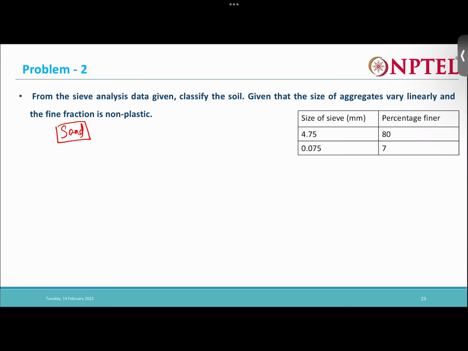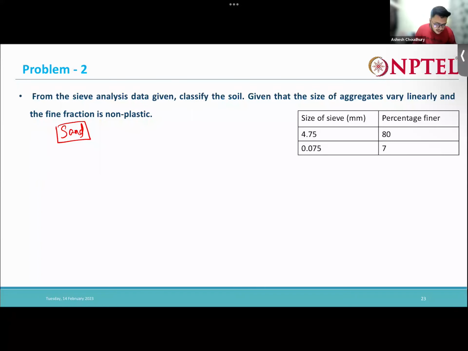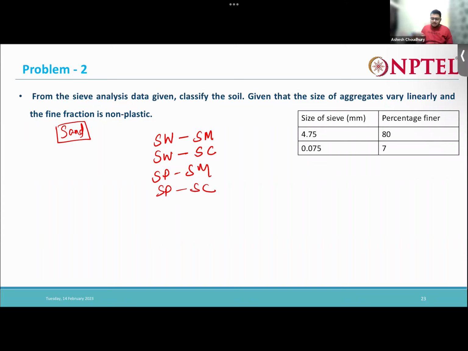If you recall, if the fine fraction is between 5% and 12%, we need to go for dual classification. So it will be either SW-SM, SW-SC, SP-SM, or SP-SC. It can be any of these four options.